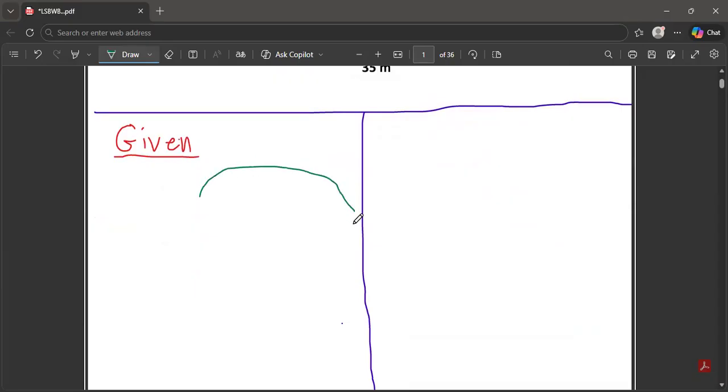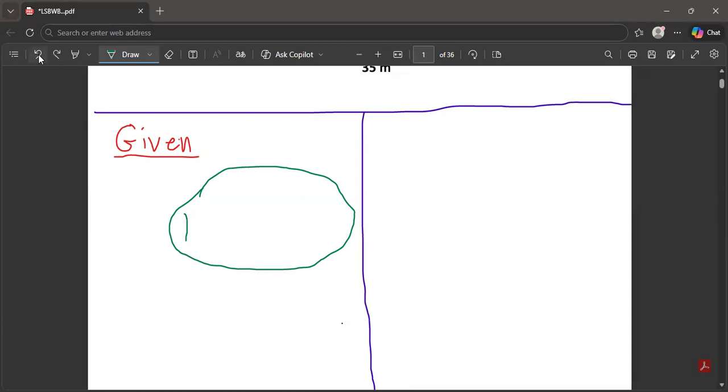First of all, we want to put our formula here even before we write the given, since we just realized that the question is about slope. So our slope is equal to rise over run, expressed as a percentage.